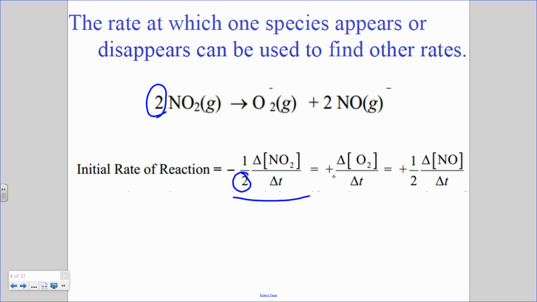It's an understood 1, but we don't need to write that because it's 1. And for the last one, looking at the rate of appearance of nitrogen monoxide over time, it has a coefficient of 2, so there's a 2 down there. You can treat that as a mini stoichiometry problem if you're finding the rates of reactions, and we'll talk about that later.